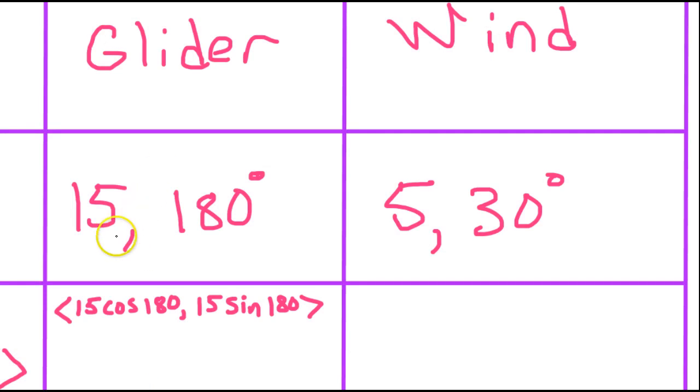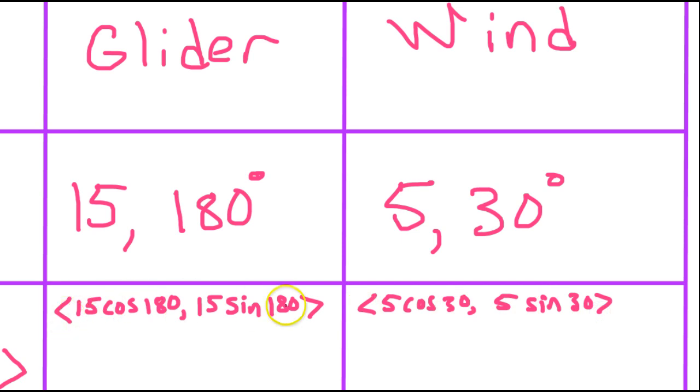So for the glider, r cosine theta is 15 cosine 180, and r sine theta is 15 sine 180. For the wind, r cosine theta is 5 cosine 30, and r sine theta is 5 sine 30.